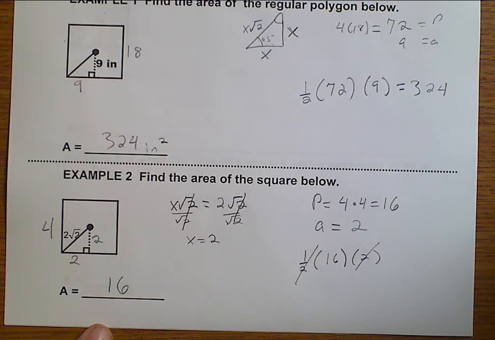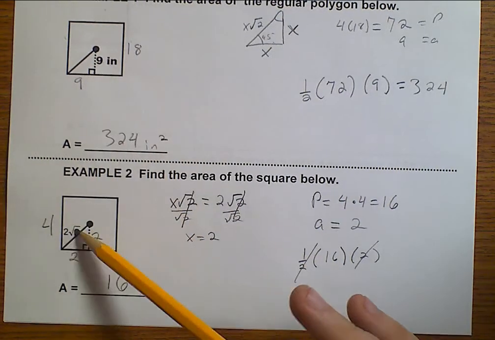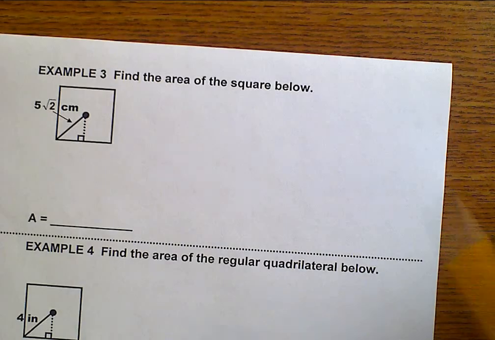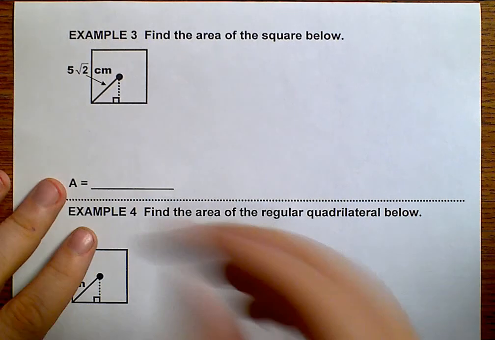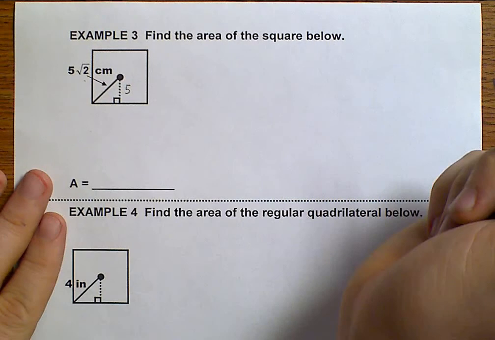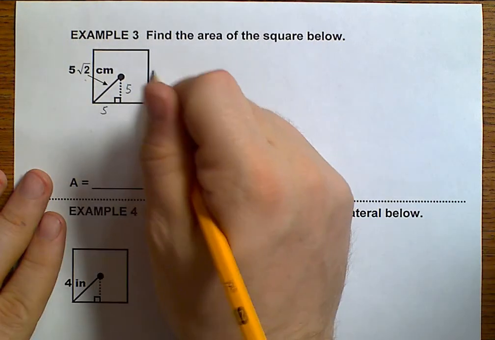Let's move on to example number 3. So far we've been given the apothem; now we've been given the radius. On problem number 3, we're given the radius again. So 5 square root of 2 means that this is just 5. So this is also 5, which means that the whole side is 10.